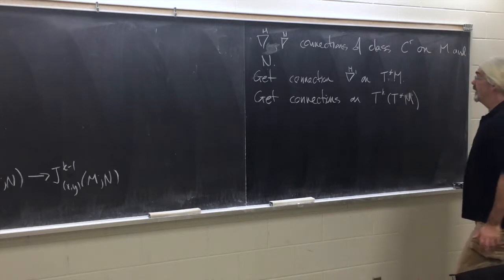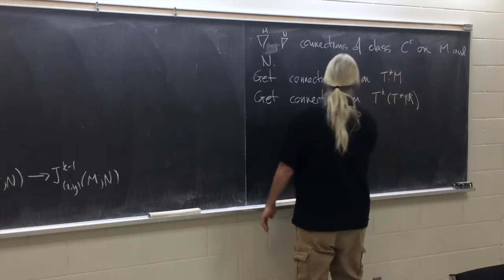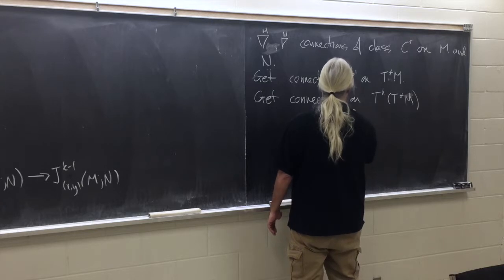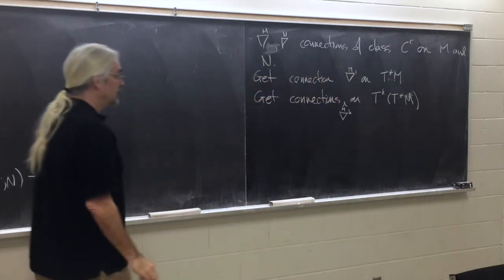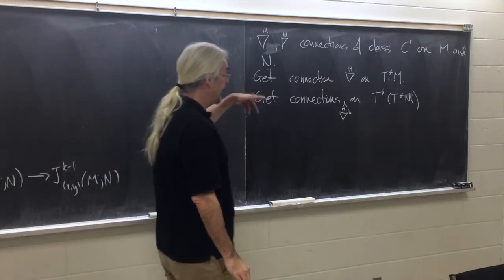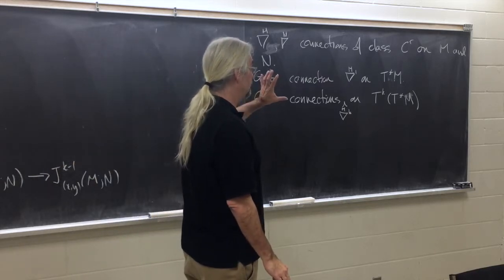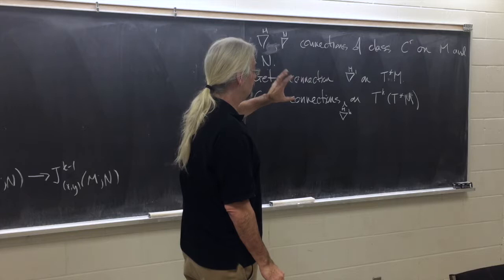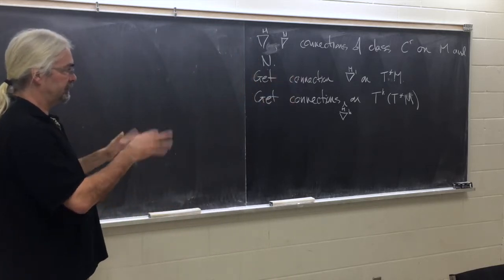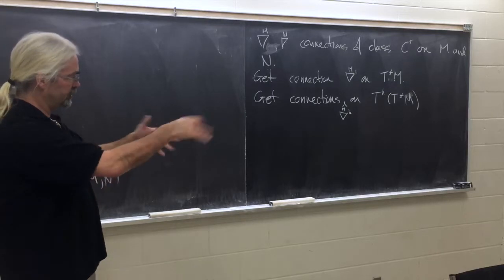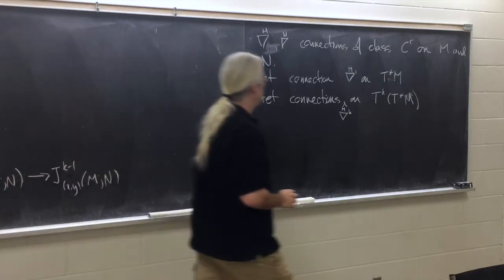I'll call these nabla mk. Again, these are backed by the Leibniz rule with the tensor product. So the covariant derivative of a tensor product of things is what you would do if you had the Leibniz rule.